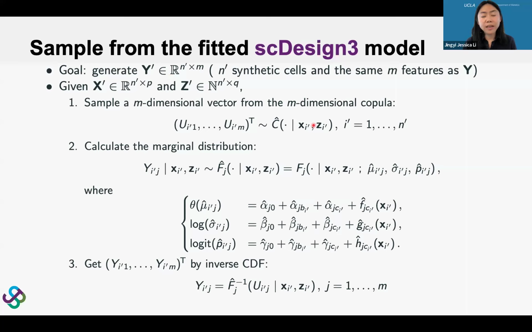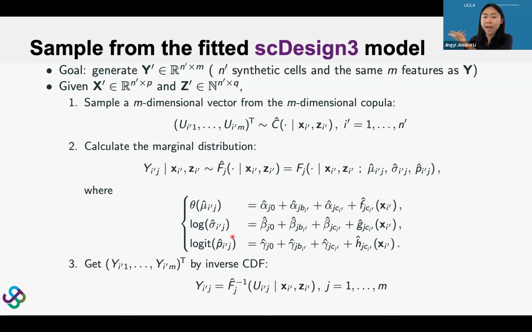So then putting them in the condition, I use the fitted copula to draw an m-dimensional vector. Each entry here is uniform 0 to 1. Then I use my fitted parameters here, the location, scale, and zero inflation probability, to actually get a marginal CDF.